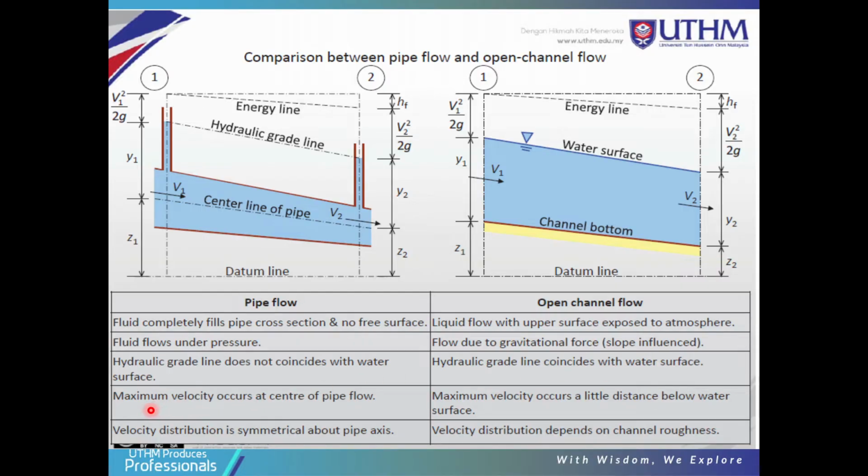Maximum velocity occurs at the center in pipe flow, while in open channel flow maximum velocity occurs a little distance below the water surface. The velocity distribution is symmetrical about the pipe axis in pipe flow, while in open channel flow velocity distribution depends on channel roughness. This is the comparison between pipe flow and open channel flow.